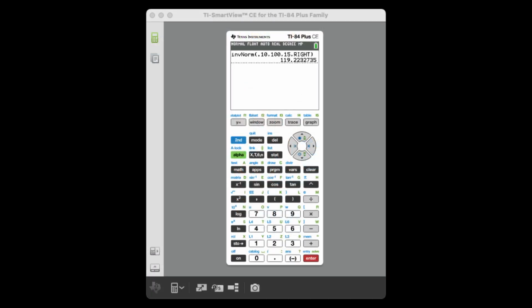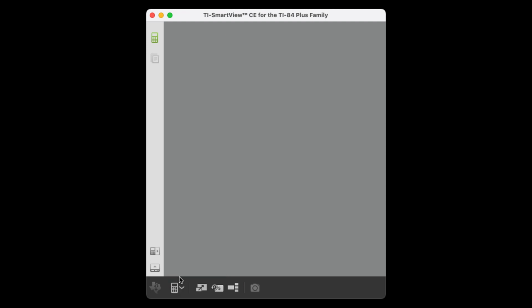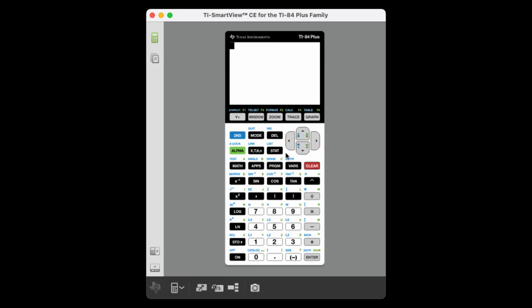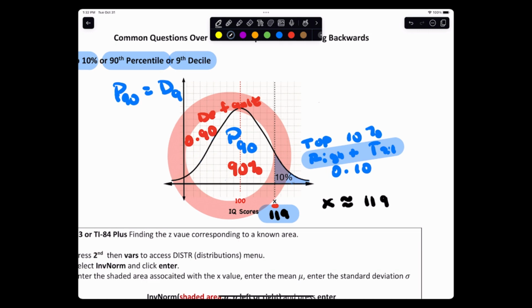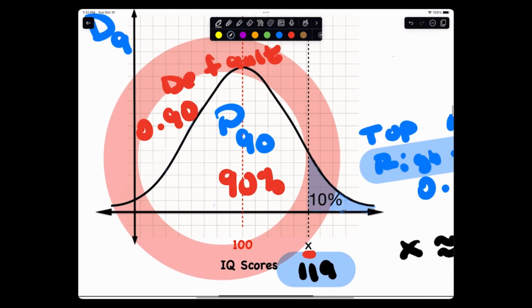So what if you had the default? Because some of you have that. Let me share with you, if you have that default, you're going to now use the 90%. Second distribution, inverse norm, area to the left is 90%. Let's double check. Area to the left of that X value is 90%.